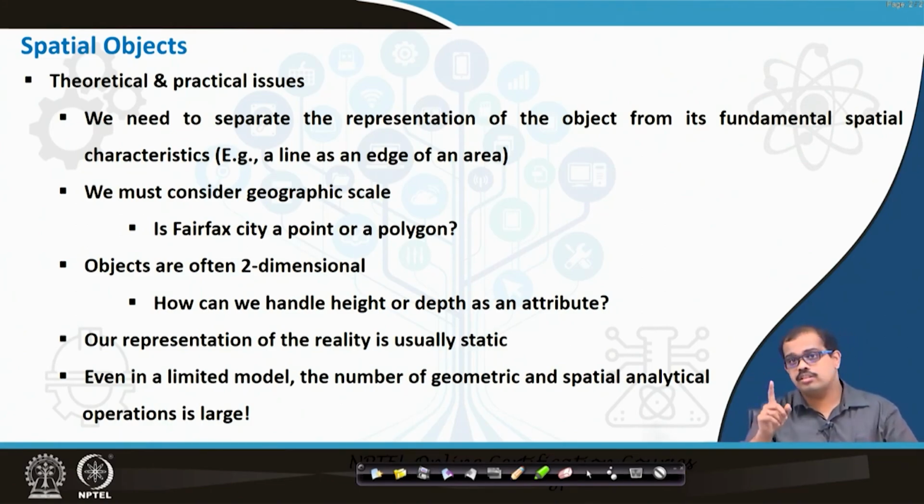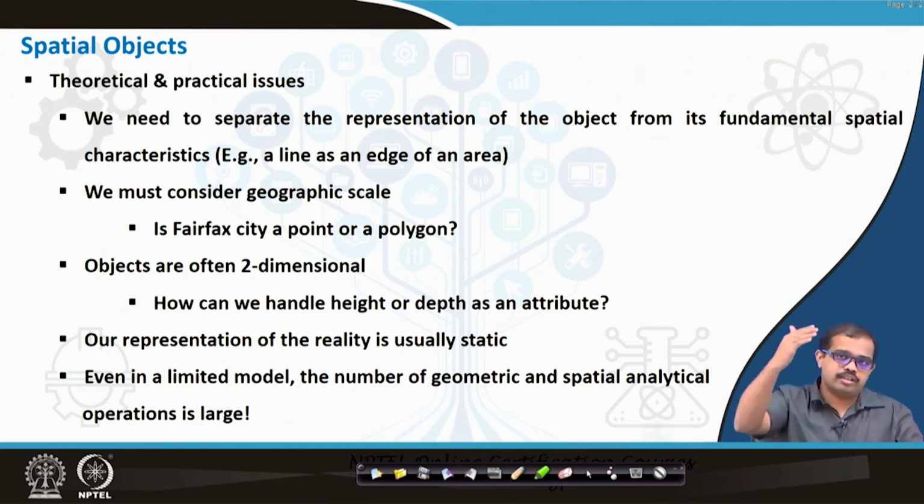Based on the geographical scale and the application, you have to choose what kind of representation you are making. Okay. Objects are often two dimensional. We have to handle height and depth as an attribute. Please keep that in mind, whatever you are trying to do will be a form of attribute.